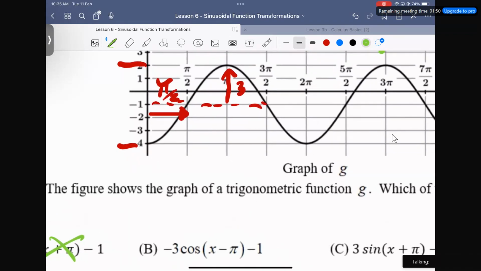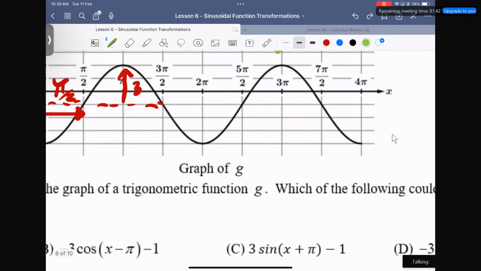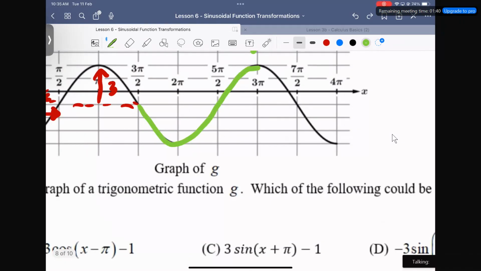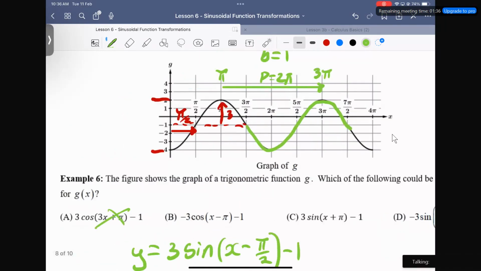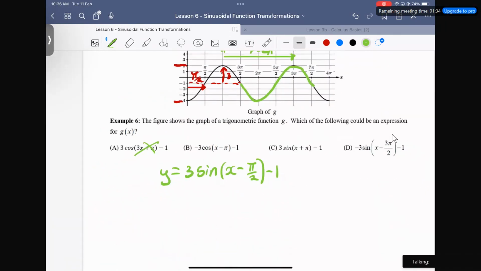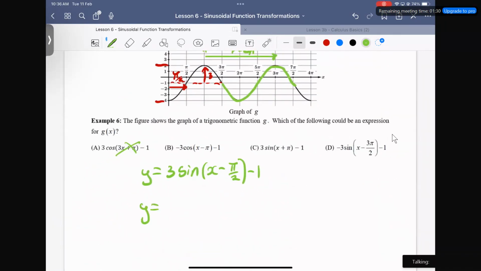So let's imagine that this is the curve that we're after. In this case, we are going to want a different curve, which would be -3 sine.